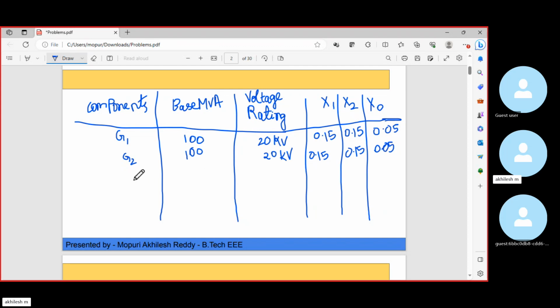The next component is transformer 1. We have already discussed transformers in per unit. The voltage rating for primary and secondary is fixed based on the components immediately connected to the transformer: 20 kV by 200 kV.